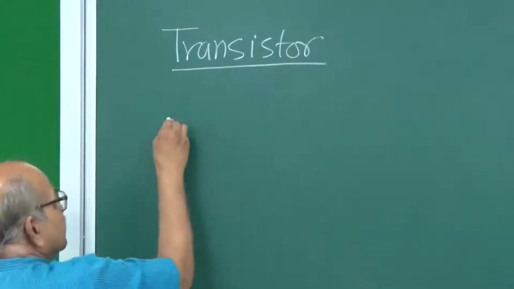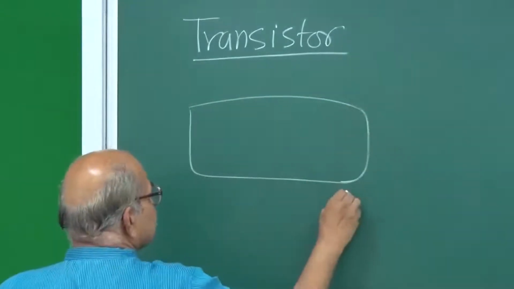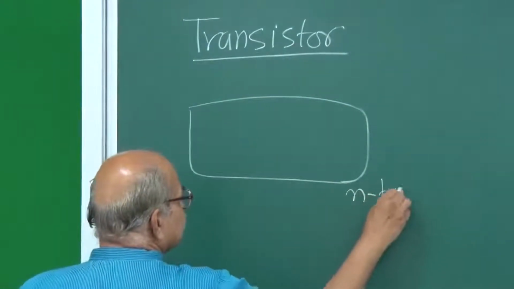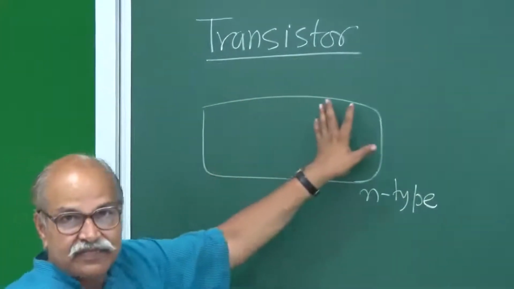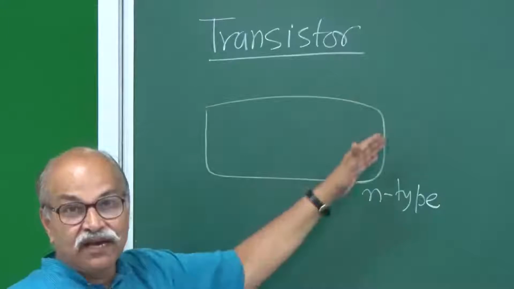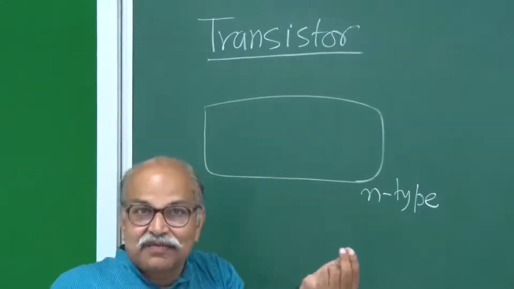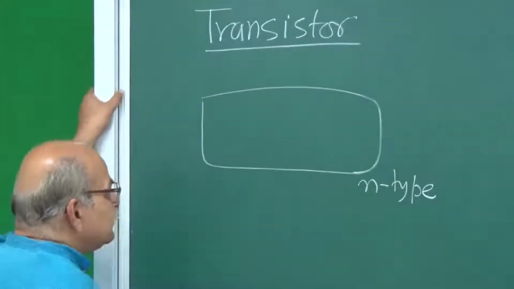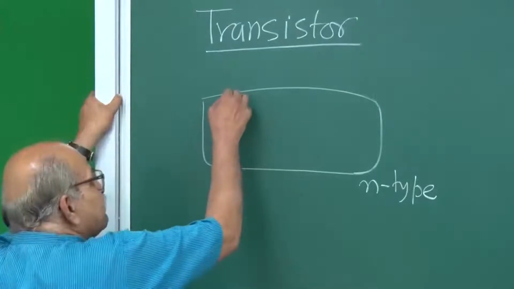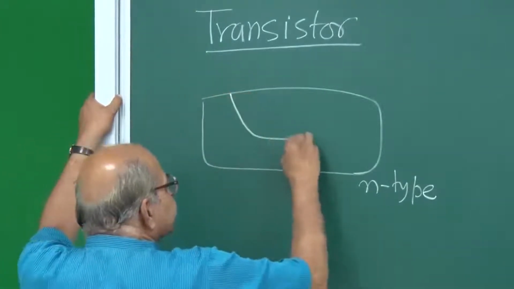So, you start with, let us say, n-type material. Suppose this whole wafer is n-type semiconductor. In the picture it may look very large, but the actual thing may be a few hundred microns, less than a millimeter. And then you diffuse, say, p-type impurities from the top and make this p-type like this.